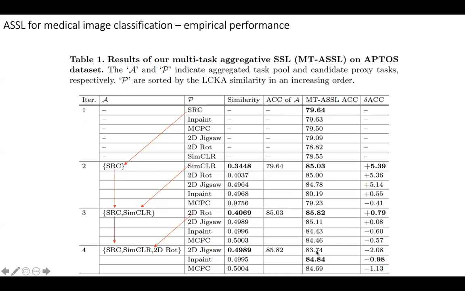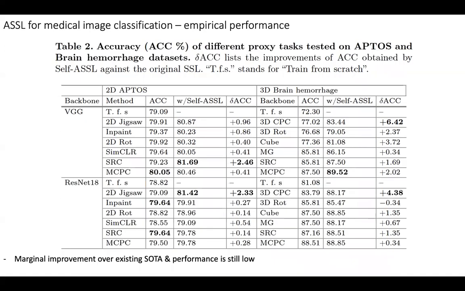Now here, this is the classification performance of the model in the downstream target task. For example, here is the 2D image classification task, and this is for the 3D image classification task.